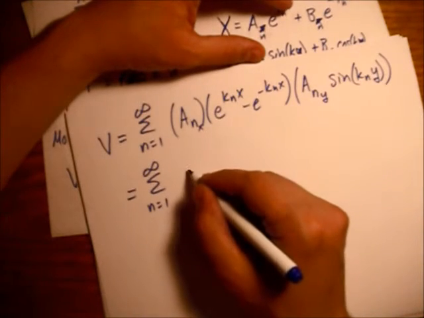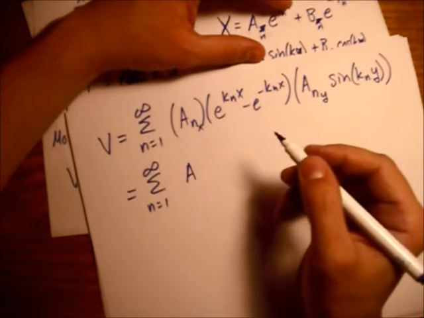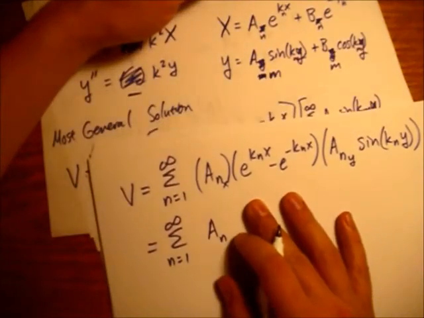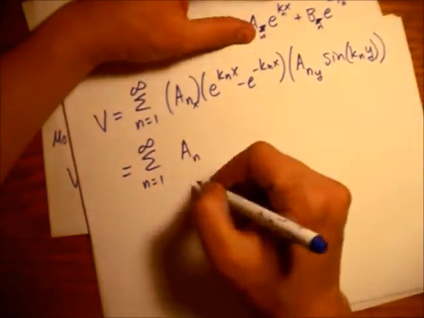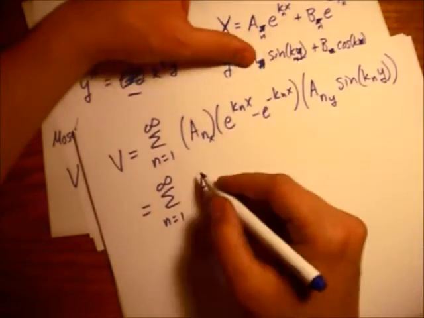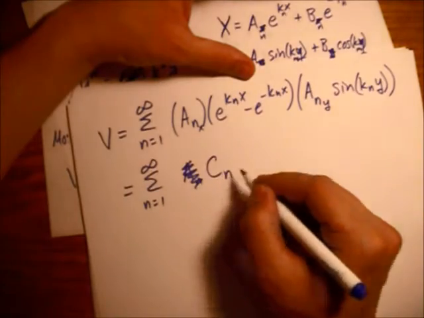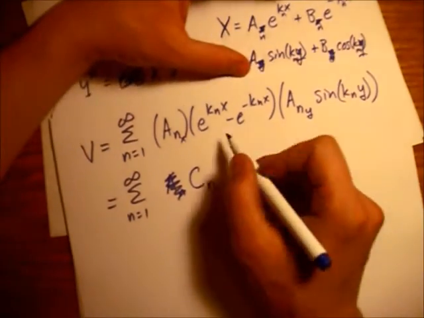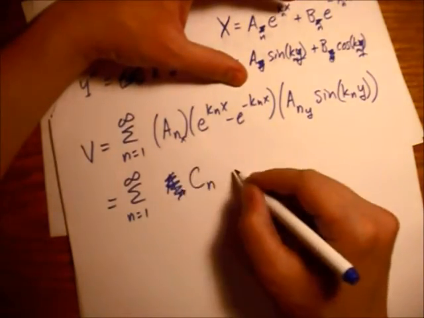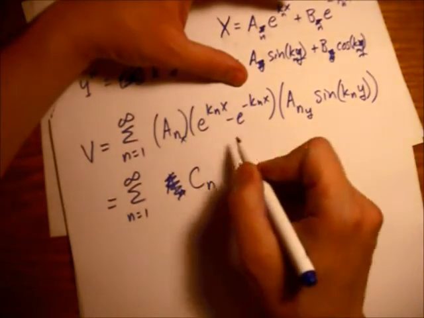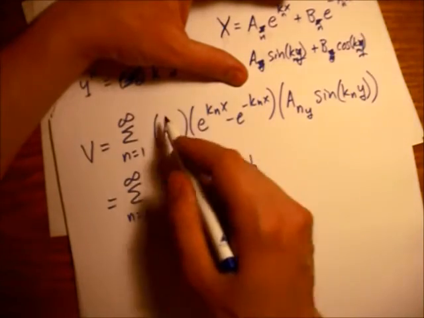Let's just call it a. Why not? A sub n. No, let's not call it a sub n, and let's not call it b. Let's just call it c, because I don't want it to get confused with the previous a sub n's. Now we said this one could be a hyperbolic sine, and the 2 we can pull out of this coefficient.